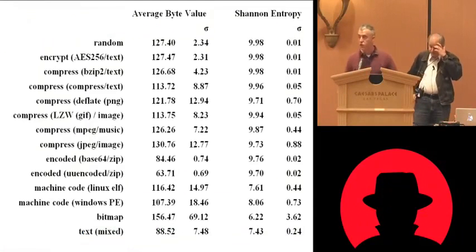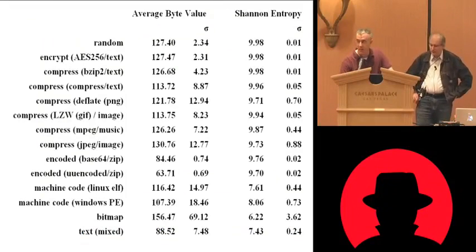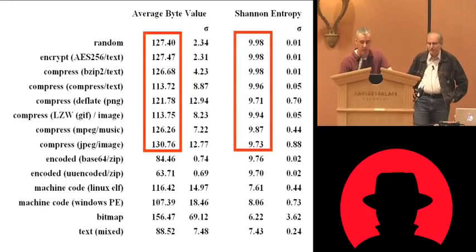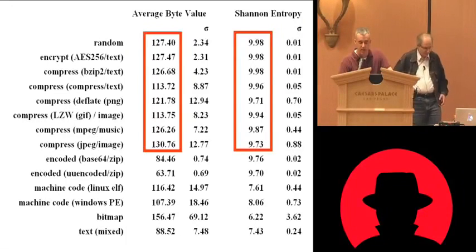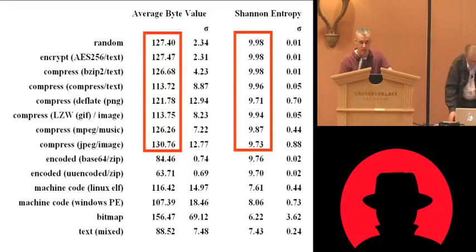So we've shown you visually what this looks like. Now each of these lines is 1,000 samples as pure as we could make them of that given type. At the top, we have random examples, encrypted examples, compressed examples. The left red box is average byte value, and the right box is the Shannon entropy.